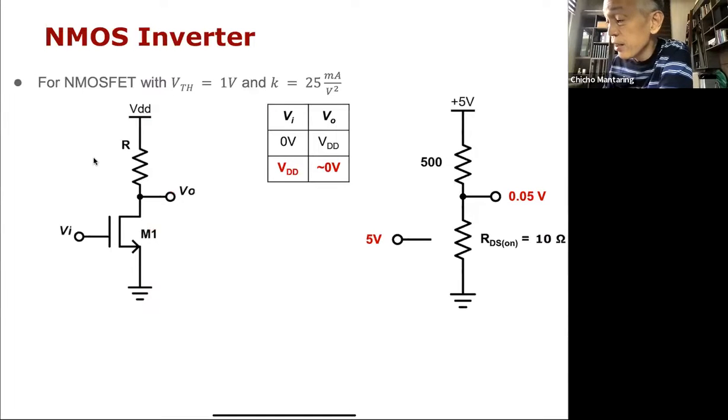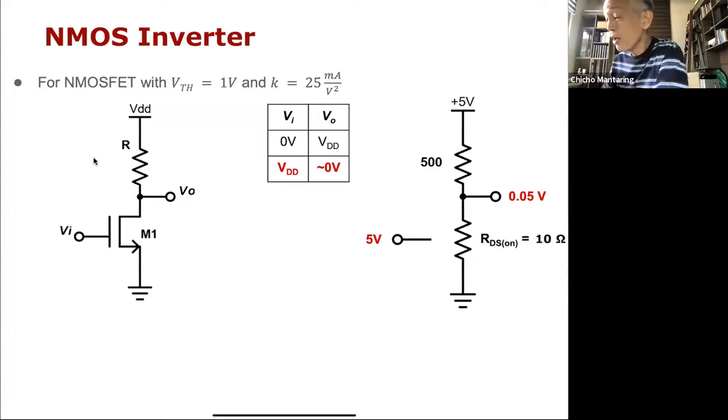In linear, the assumption is VI is large enough. This is in linear mode. It's going to be equivalent to a resistance, RDS on, and that resistance will be very much smaller than R.